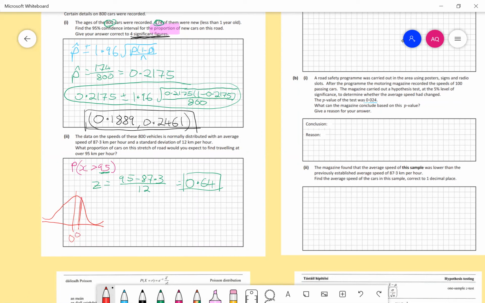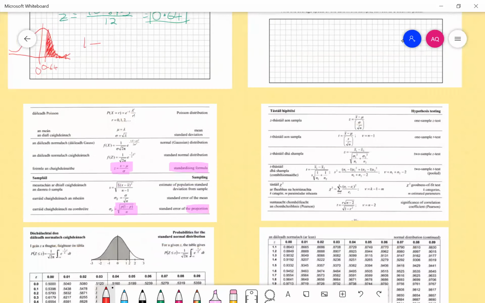We just want to see what side we're looking at. We want to find what's traveling over 95 kilometers per hour, so it has to be this bit out in front here. That's a smaller section, smaller than half, so we need to do 1 minus whatever we get for 0.64 when we look at it in the tables.